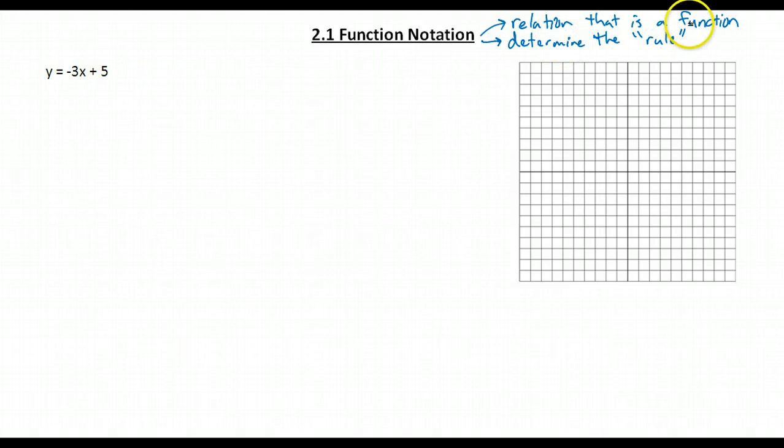Once we've figured out the rule for that relation, when we write it in function notation, we make that relation continuous.